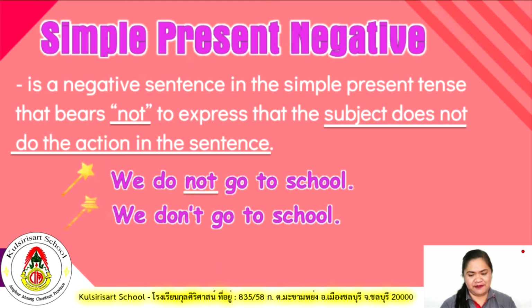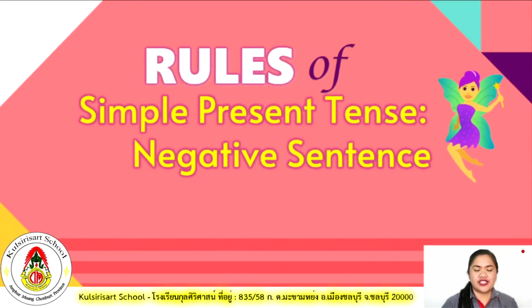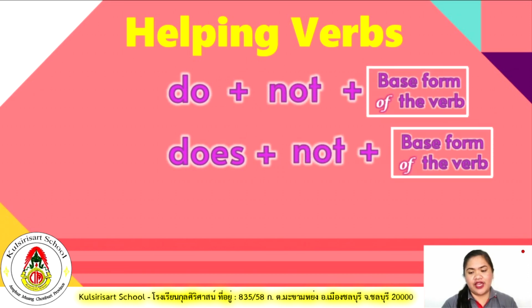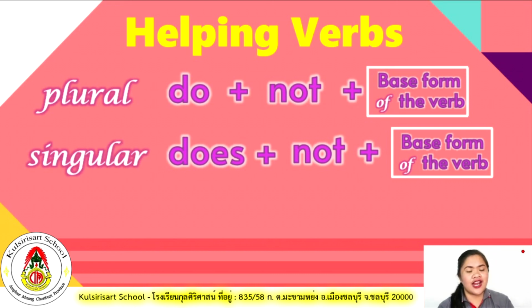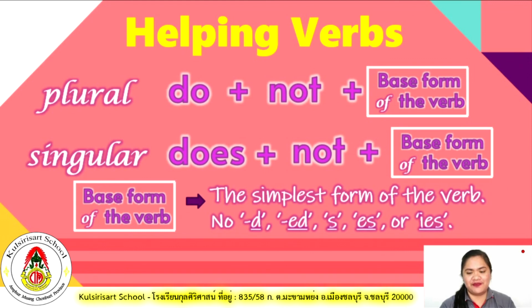Next is, of course, we have here the negative statements. And of course, let's proceed to the rules. Let's review the rules. Helping verbs, we have here do, does, not, and then the main verb, do for plural and does for singular. And when we talk about base form of the verb, the simplest form of the verb. No S, no ES, no D, no ED, or no IES.